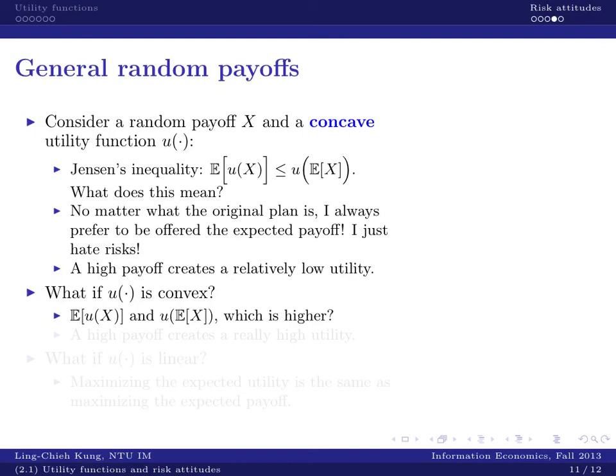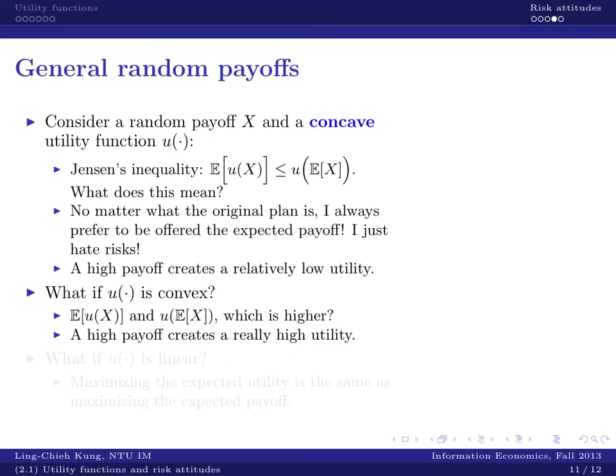Okay, when U is convex, then everything becomes reversed. Expected utility and the utility of the expected payment, here we know that the first one will become higher. So instead of asking for an expected certain payoff, I would like to take some risk to have the chance for getting a higher utility.